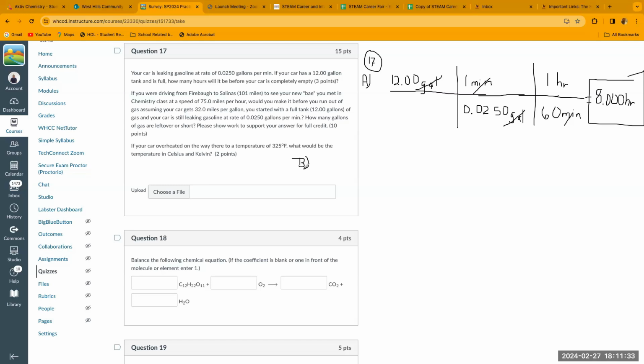The second one says we're going to see our boo, right?